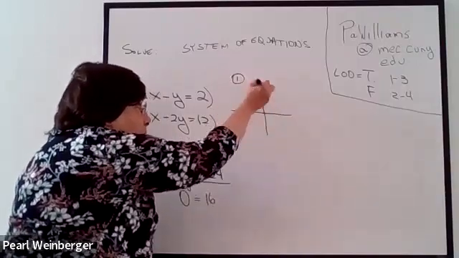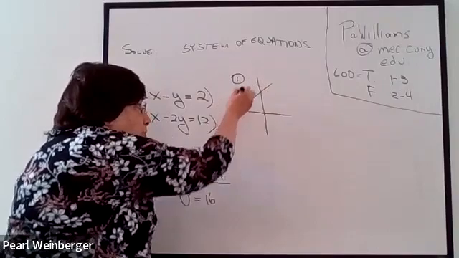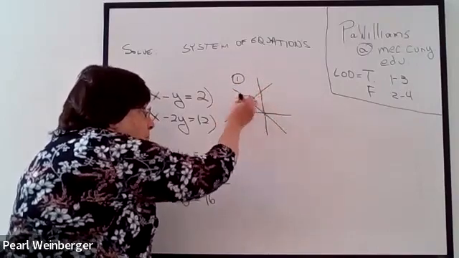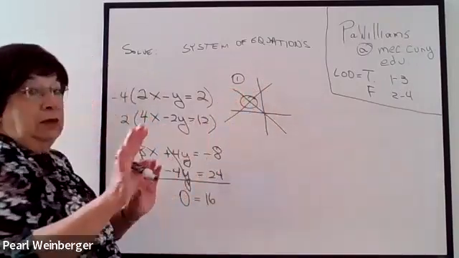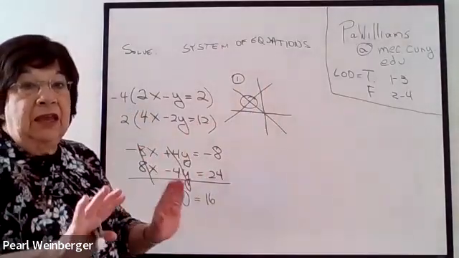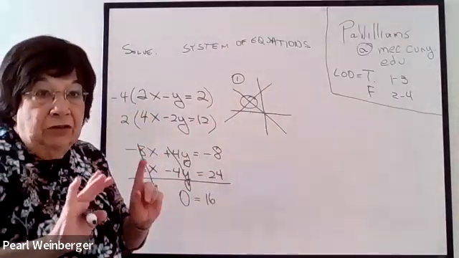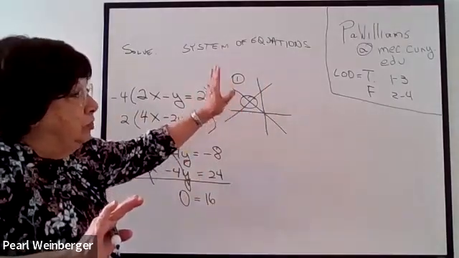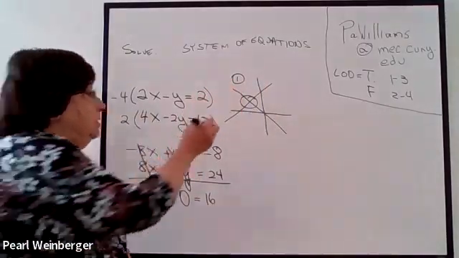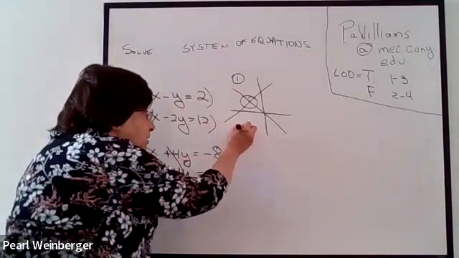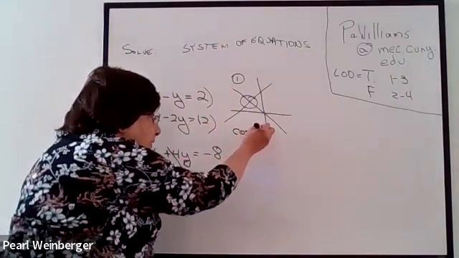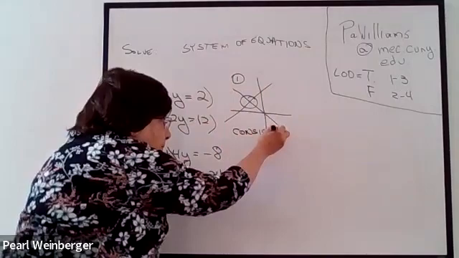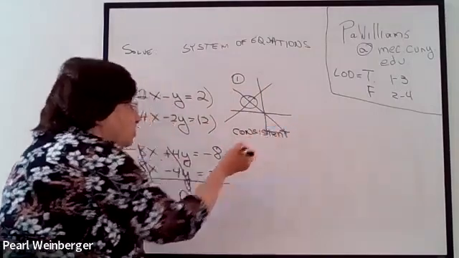Scenario 1 was the one we've been talking about all along, where the 2 lines, 2 different lines, meet at one point. They have a single solution, one answer to the question. This is what we call the consistent system of equations. The one point where they meet is the solution.